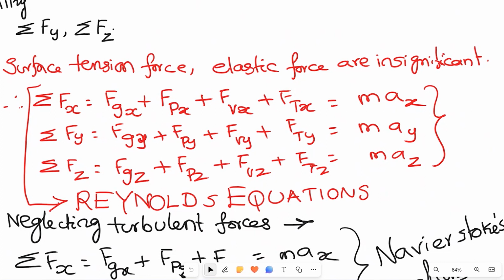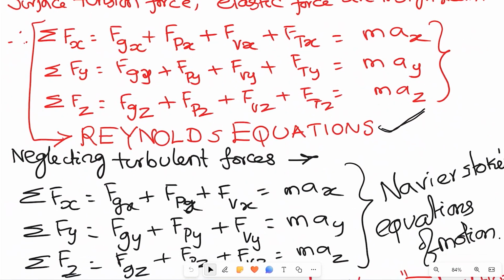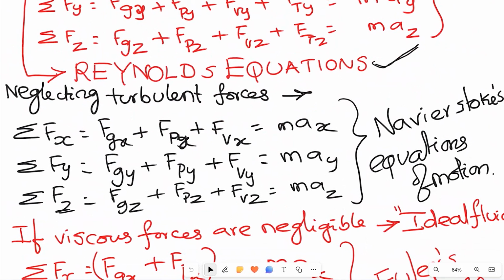If I consider these four forces, then these equations of motion are called Reynolds equations of motion. Please remember, in the Reynolds equations of motion, we consider gravity force, pressure force, viscous force, and turbulent force. Then, as I mentioned, if turbulent forces are also neglected, the remaining three forces are gravity force, pressure force, and viscous force.